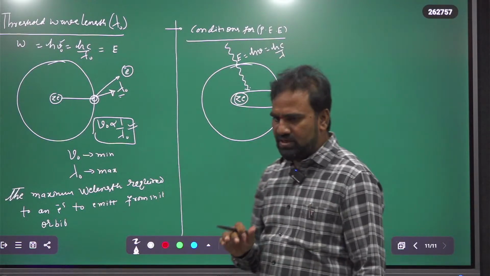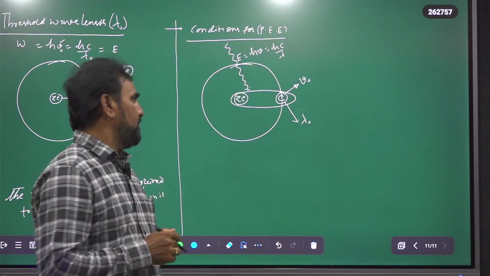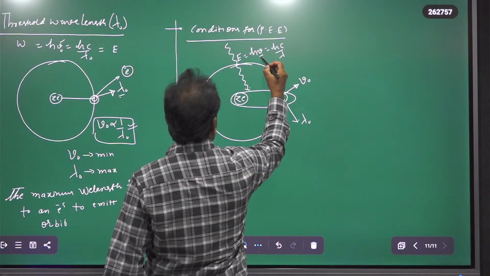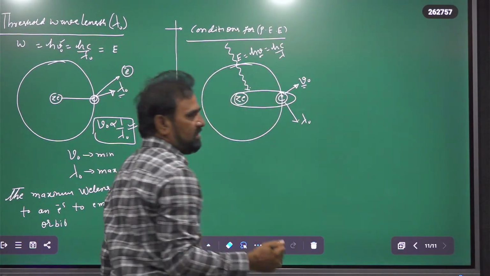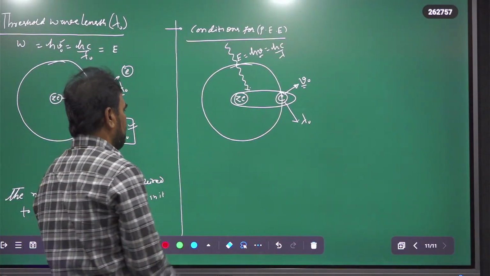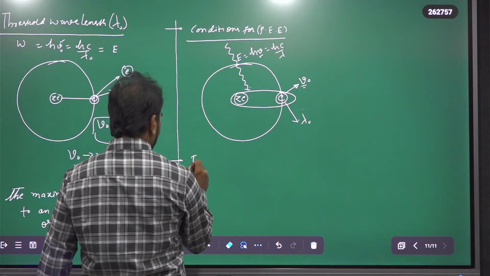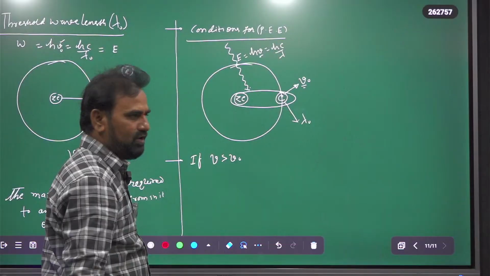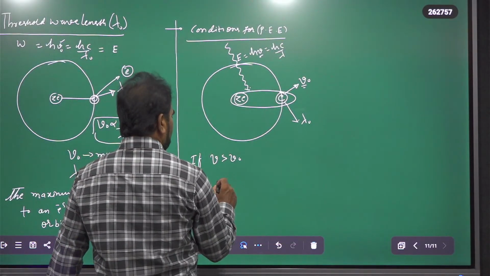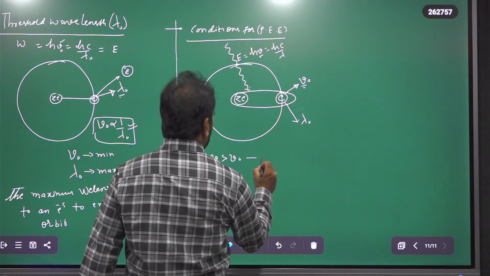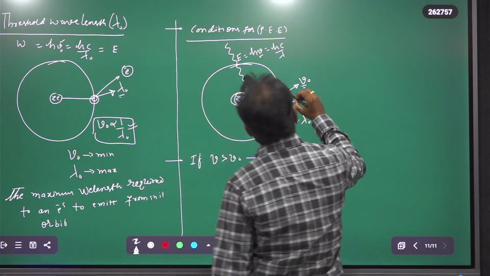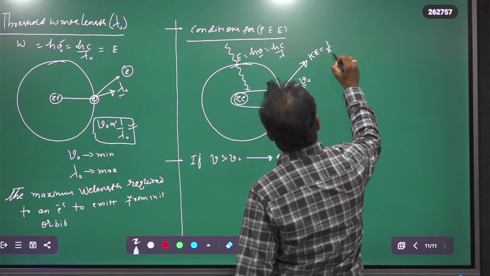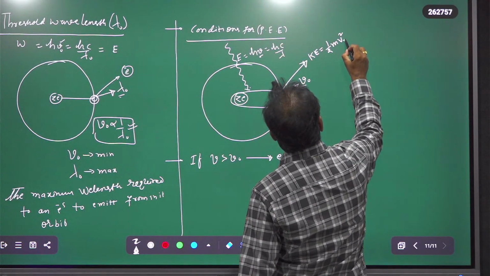So what conditions are applicable for the photoelectric effect? See here, the first condition: when nu is greater than nu naught, where nu means the frequency of incident light and nu naught is the threshold frequency of an electron, the electron is ejected with the maximum kinetic energy, or some amount of kinetic energy, equal to half m v square.